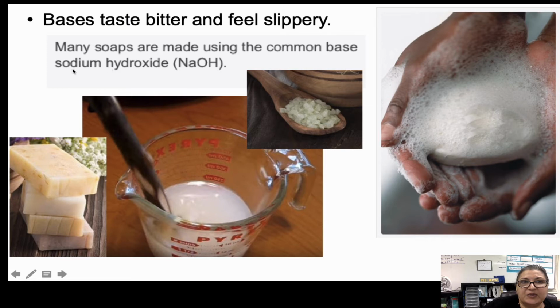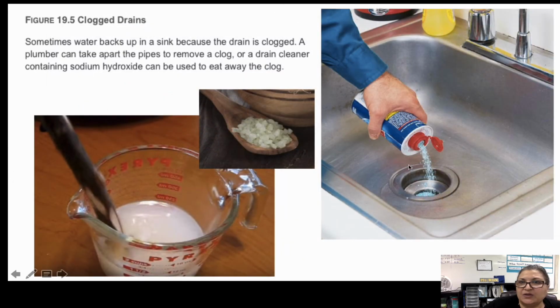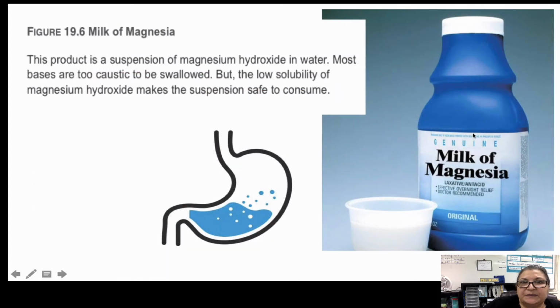An example would be sodium hydroxide, like soap, and they're also strong. They can unclog your drains. You can burn your hands. Milk of magnesia is also a base and it neutralizes the stomach acid.